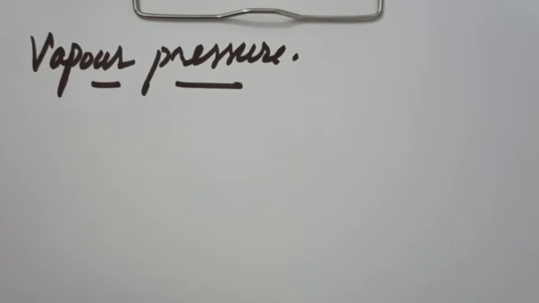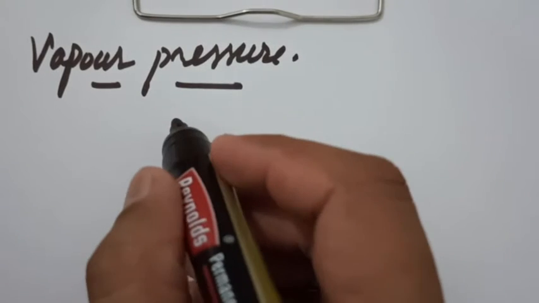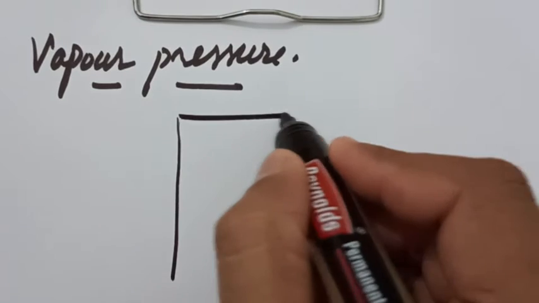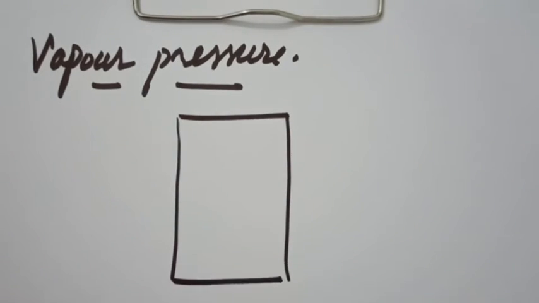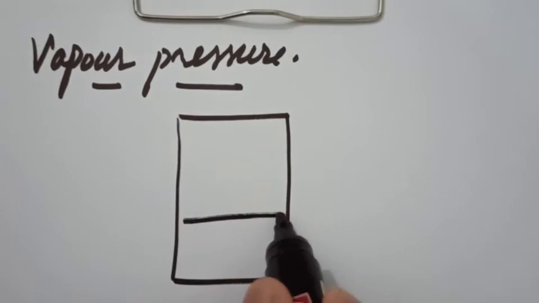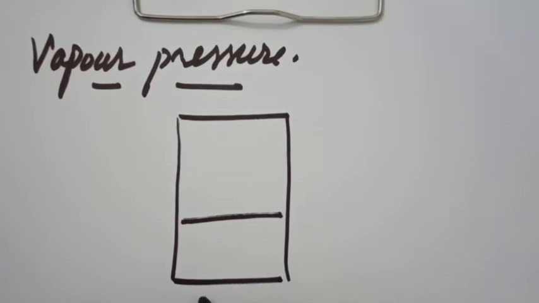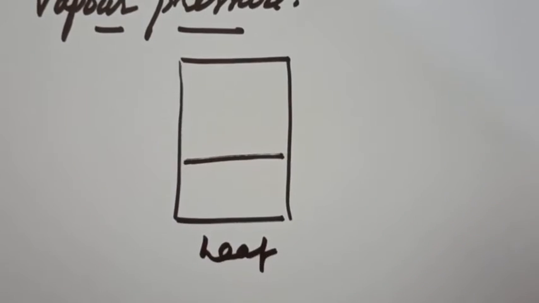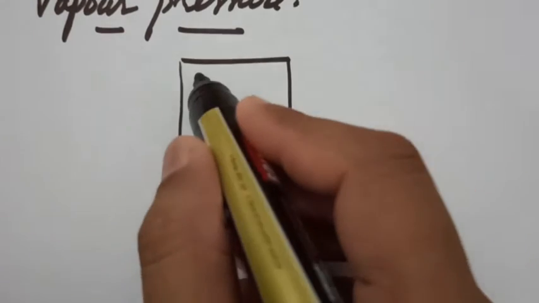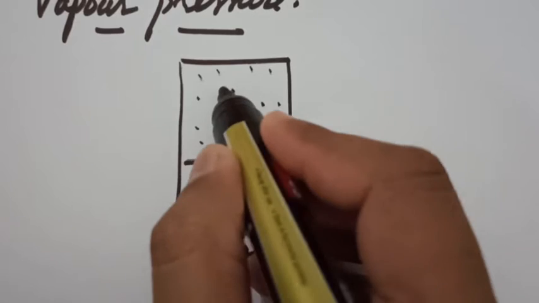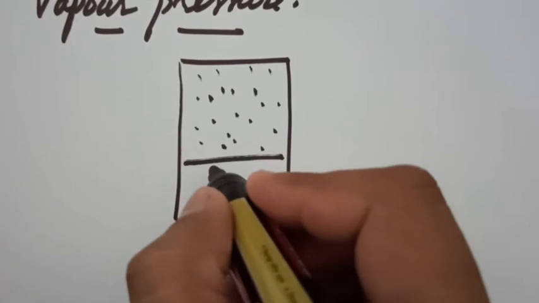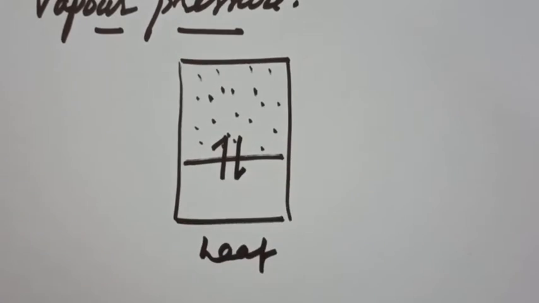In a closed vessel or a closed container, the liquid and the vapor state always exist in equilibrium. We have done it, you know. Suppose this is a closed vessel, suppose there is water present inside it, and if we heat it from below, what will happen? It will change into vapors. After some time, the vapors and the liquid come in equilibrium with each other.